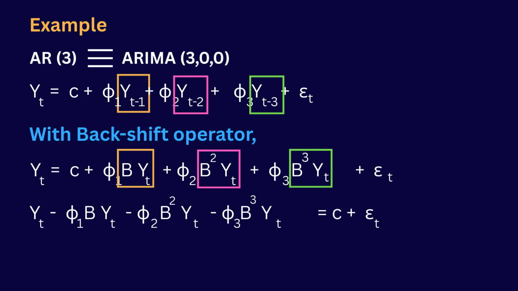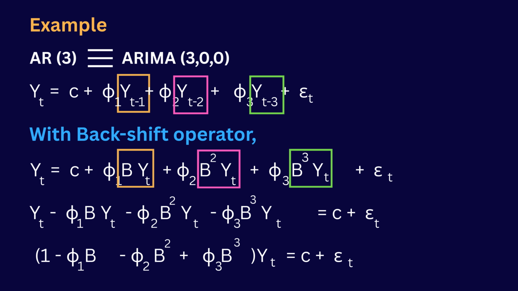So what we did was just substitute the values into the basic formula. So finally we got (1 minus phi 1 times B minus phi 2 times B squared minus phi 3 times B cubed) y_t equals c plus epsilon_t.